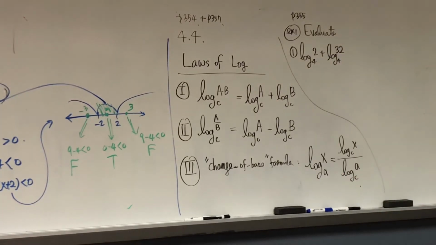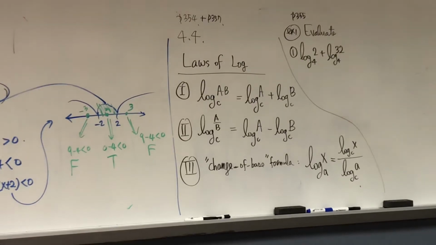How do you evaluate? This one will be the value, yes? Am I right? Yeah, okay. To answer, this is 5, this is 2. What kind of law can you use?